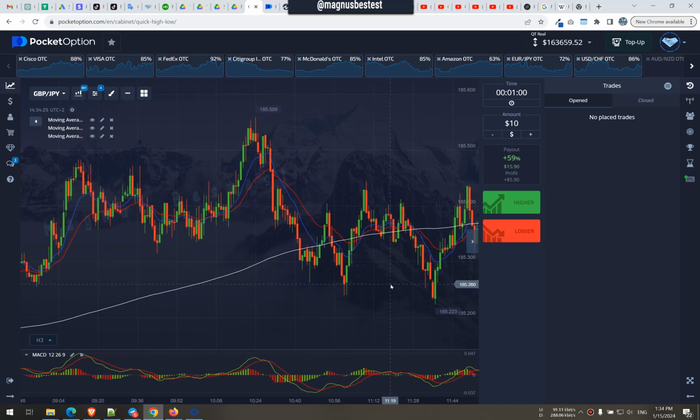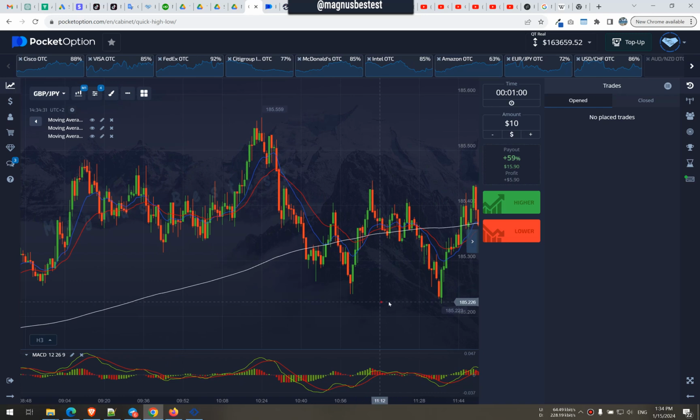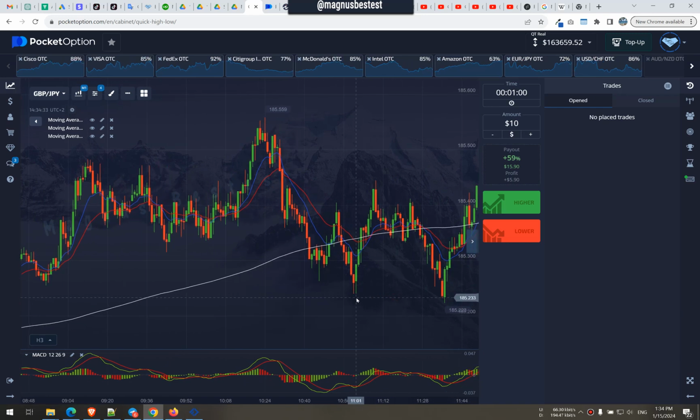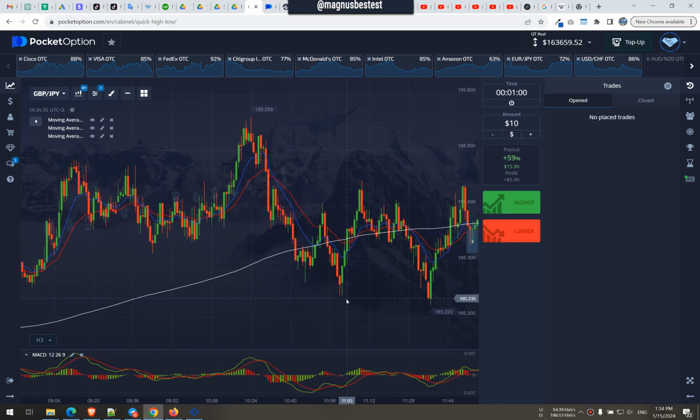The other way you can use MACD is by divergences. Basically here we have a MACD divergence. With the price, this is one pivot point. The other one is lower, so we have a lower low. But on MACD, we didn't get a lower low.